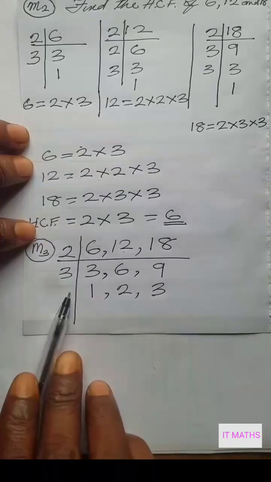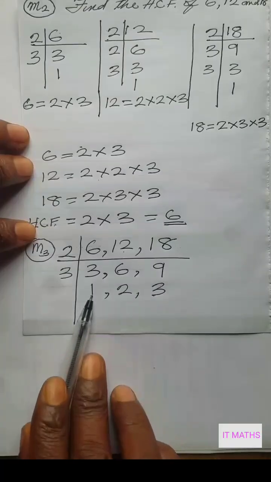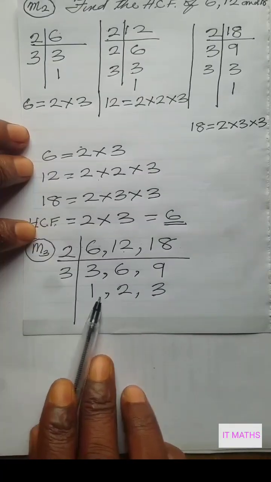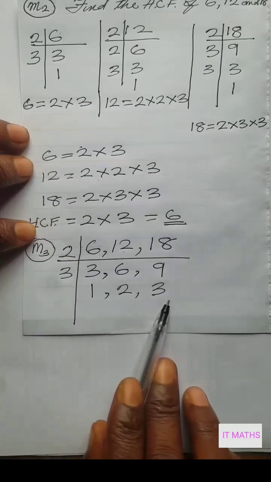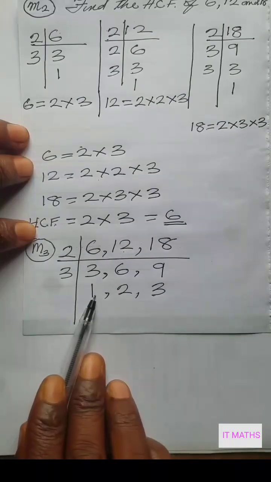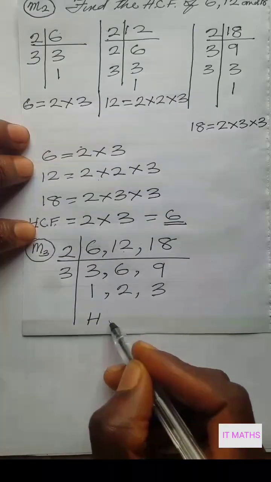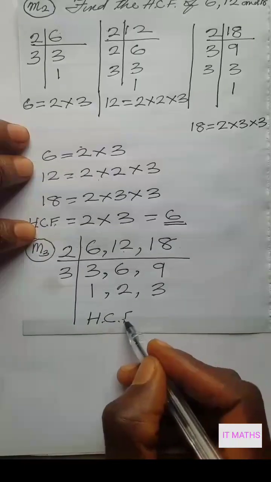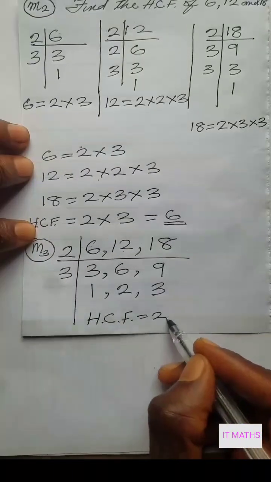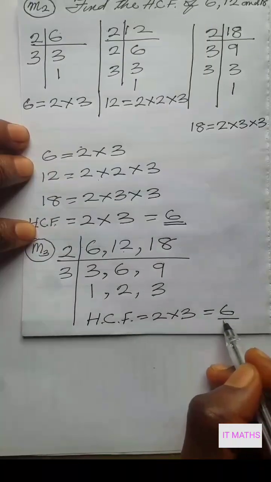Good. What can we pick again? Nothing. We are already having 1. We've gotten to the end of the first number here, so we can't keep working. Even if we find a factor that goes into this and this, it didn't go here, so we've gotten to the end. So our highest common factor becomes 2 times 3, and that is 6.